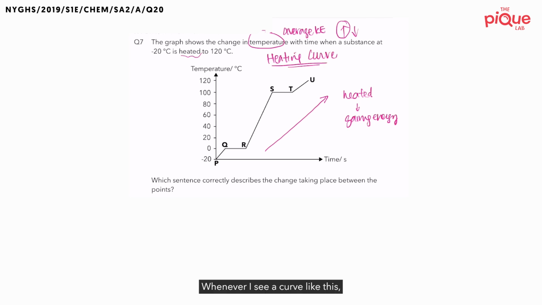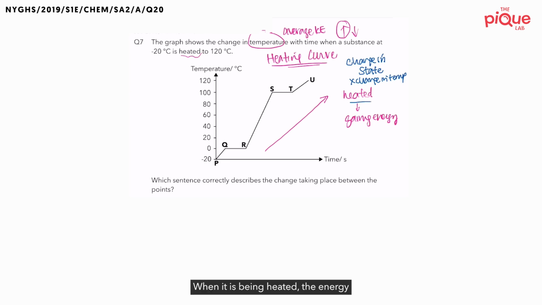Whenever I see a curve like this, the first thing I like to do is to identify the regions where there is a change in state. So from the change in temperature, how do I know whether there is a change in state? A change in state occurs when there is no change in temperature. Why is that so?